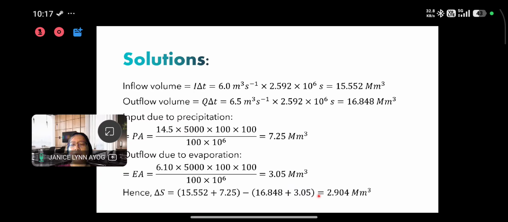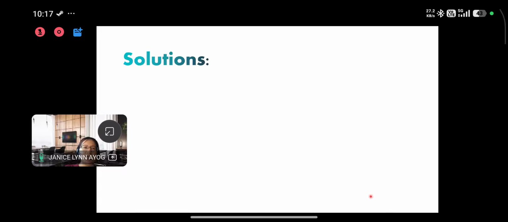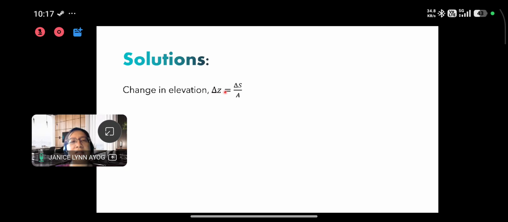Eventually you will get 2.904 mega cubic meter. So that's question 1. Oh, there's another one. You need to find the change in elevation. Basically, change in elevation delta Z equals delta S divided by the area. So you have this.